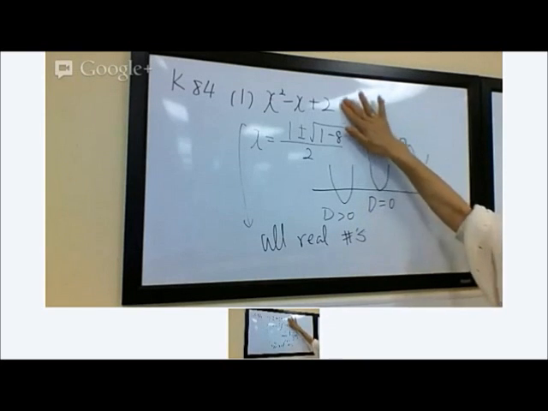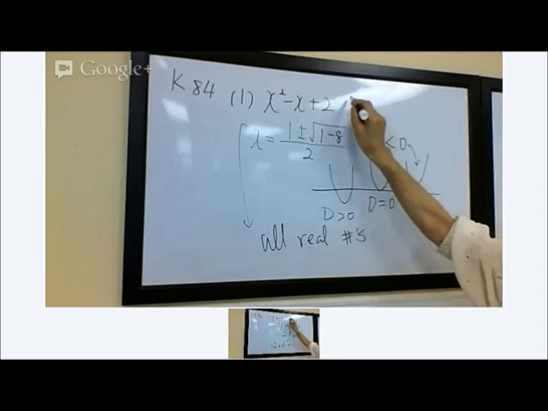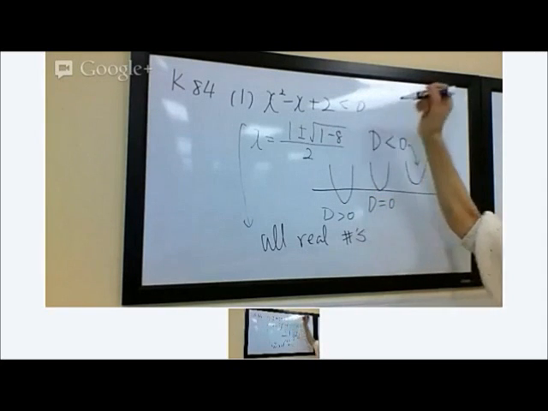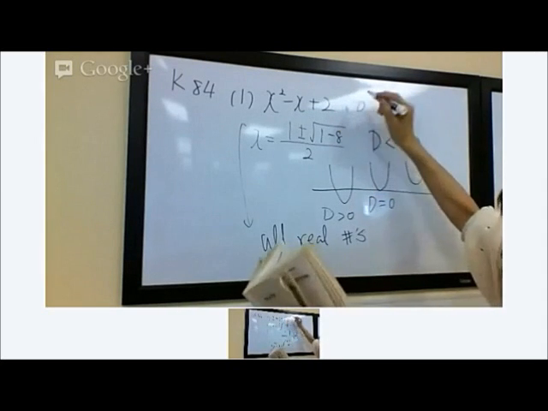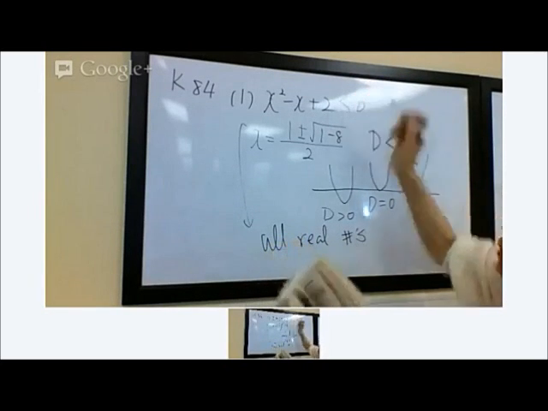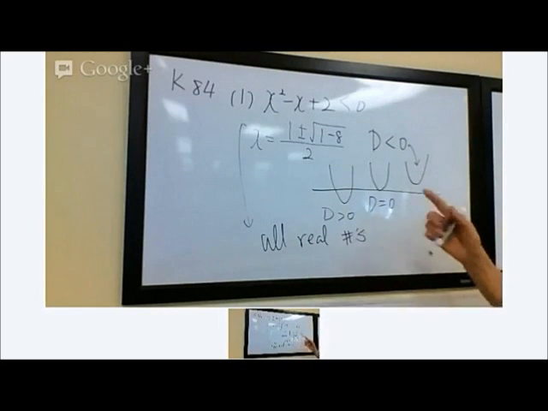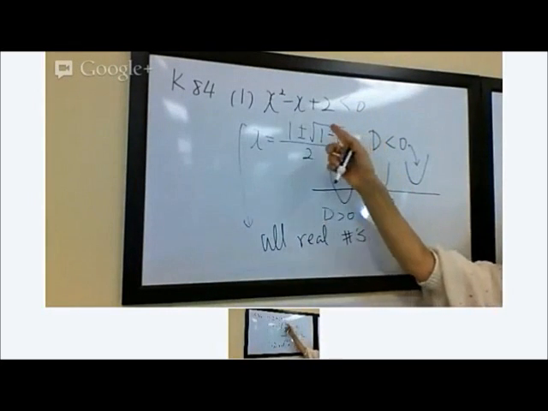But if they change it here, this is actually the same as page number 3. Of course they change the number, but the concept is the same. Say less than 0.